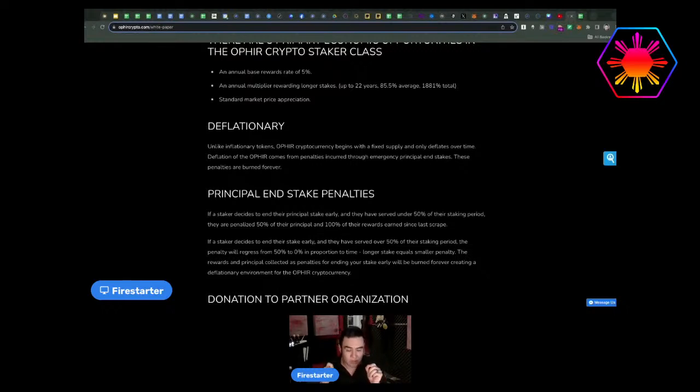Your 1 million principal is going to be cut into half. So magiging 500,000 na lang siya. Yung 500,000 will be a penalty that is burnt out of supply completely. So what does that mean? That will deflate the cryptocurrency. So the 100 trillion fixed supply is going to deflate because you have the 500,000 penalty that is going to be burnt out of supply. So it's deflationary.